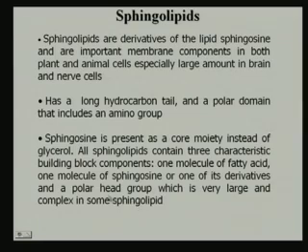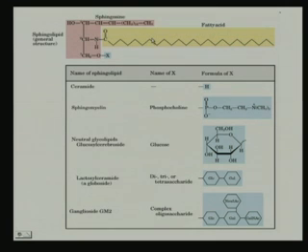But in the case of sphingolipid, if we see the structure, this is the sphingosine molecule, along with which one fatty acid is attached, and this X group may be phosphocholine, glucose, or oligosaccharides, which can be di, tri or tetrasaccharides. Thus, the oligosaccharides can range from simple sugars to complex sugar molecules attached to the sphingosine group.